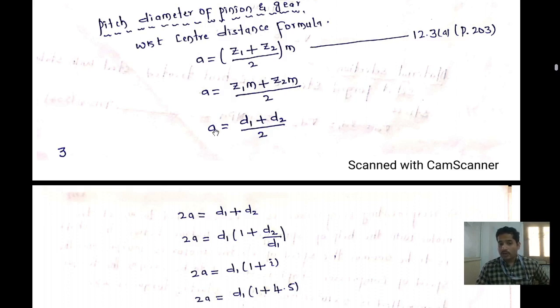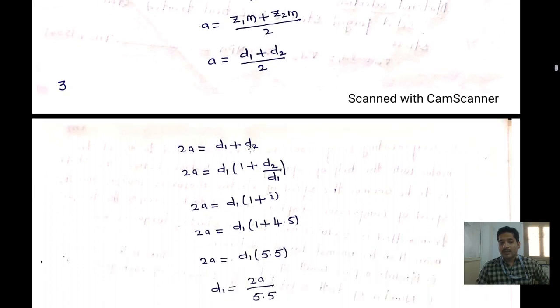Clear? If you cross multiply, 2A is equal to D1 plus D2. Then 2A as it is, we take D1 common, in the bracket it should be 1 plus D2 by D1. So this D2 by D1 is the power transmission ratio, i is equal to D2 by D1, so we can represent D2 by D1 as i.